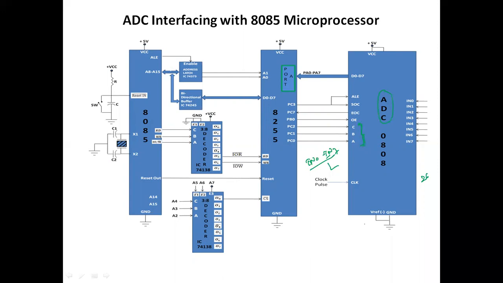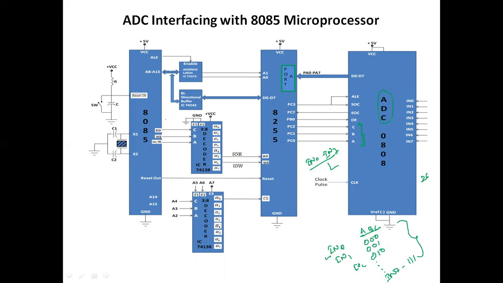For example, ABC equal to 0, 0, 0 selects input channel 0, 0, 0, 1 selects input channel 1, and 0, 1, 0 selects input channel 2, and so on. If we have to select input channel 7, it is 1, 1, 1. So based on the values of A, B, C, the respective channel is selected.